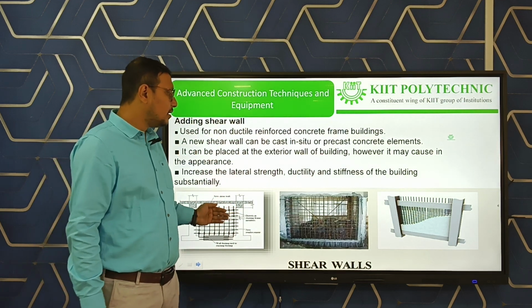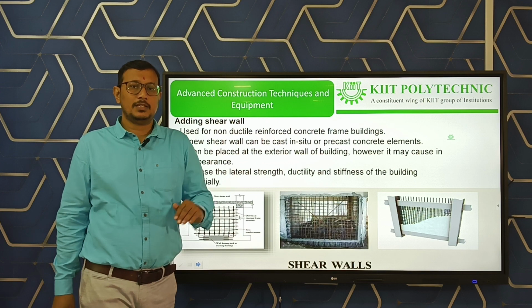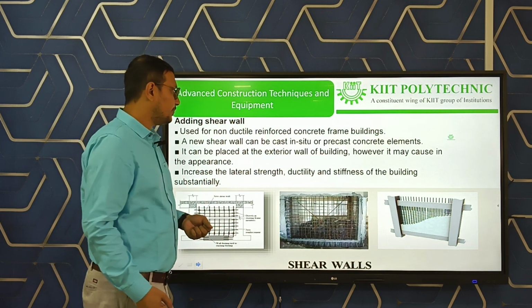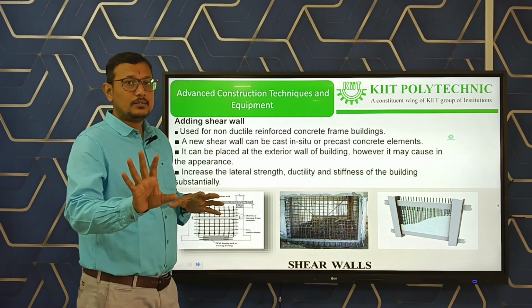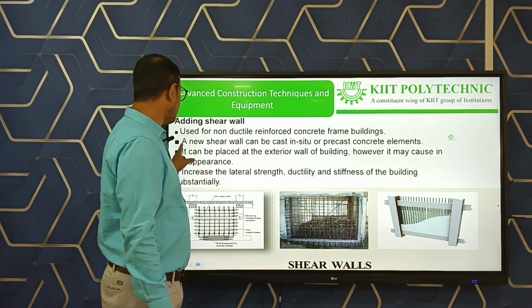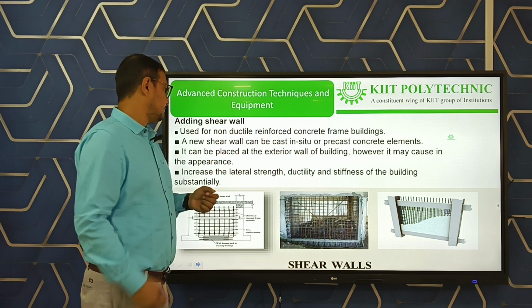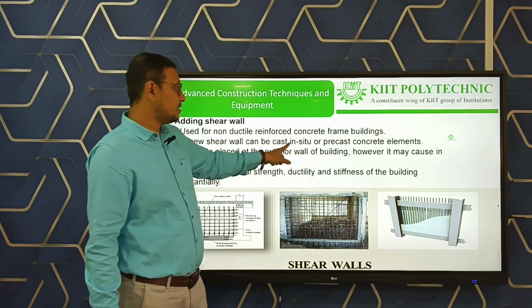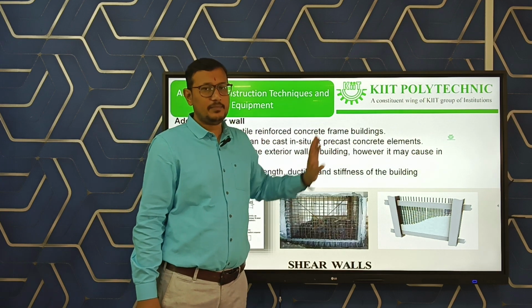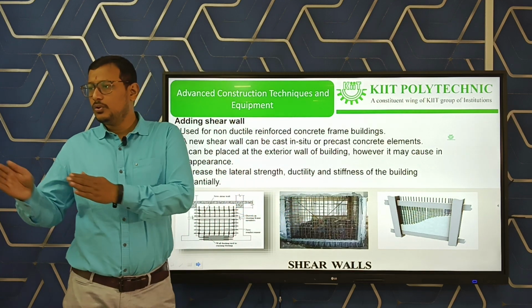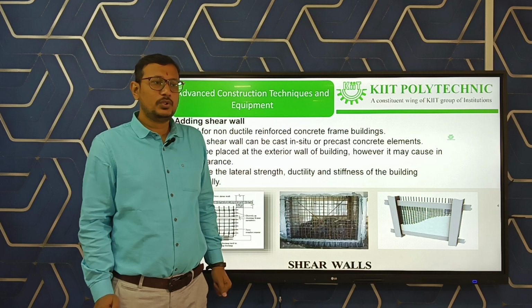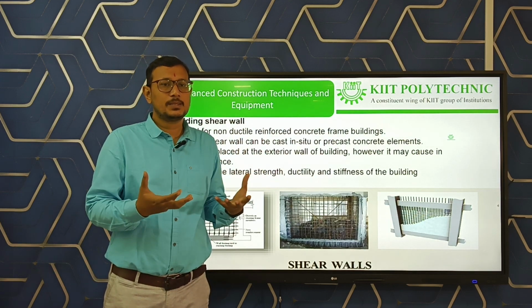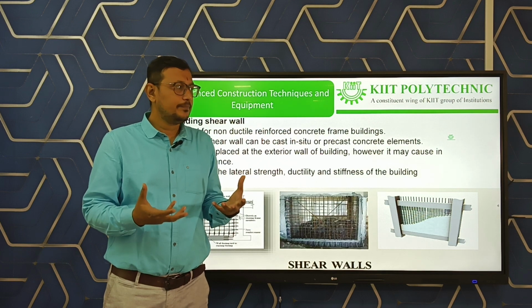We are adding reinforced shear walls, giving it ductile properties to resist the earthquake shakes. A new shear wall can be cast in situ or made of precast concrete elements. A new wall will be added to the previously existing wall to give it ductility.